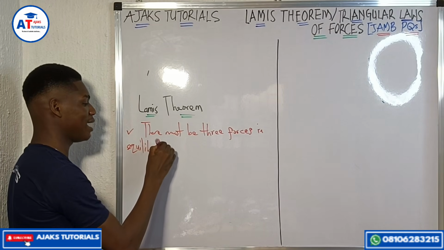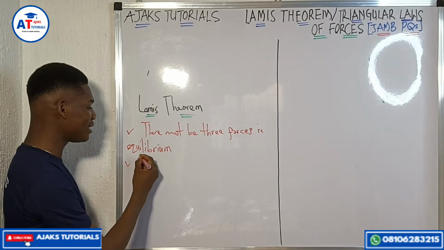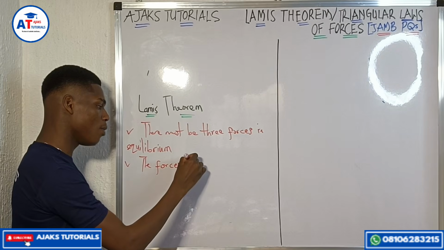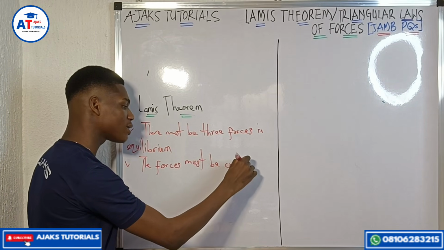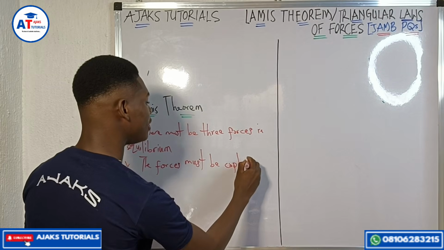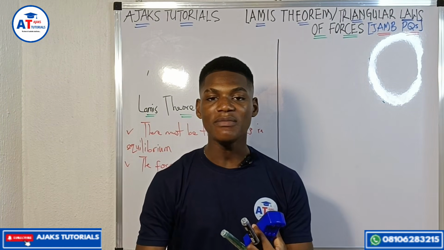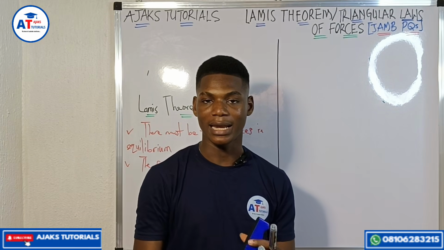I hope you can see that's what I'm saying, so please be writing. The second condition is that the forces, that's the three forces, must be coplanar. Now class, what is the meaning of coplanar? Coplanar basically means they must act on a single plane. Is that clear? So let's write that down.